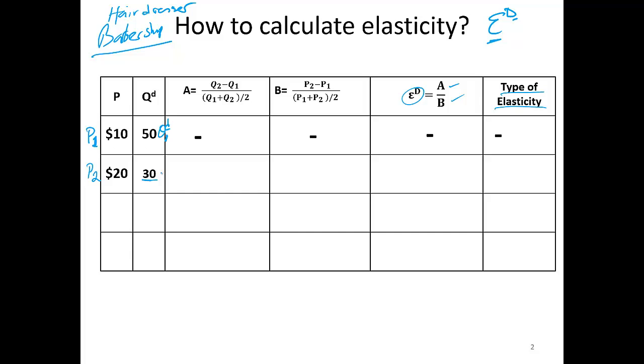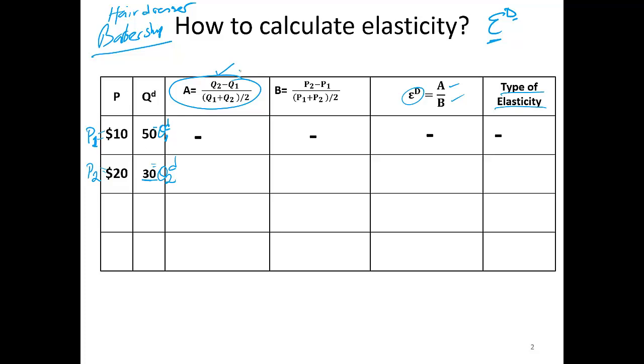So what we do here is, let's tag this Q2D. I always tag price and quantity demanded, initial with a 1, and a final with a 2, because it makes my life so much easier. Otherwise I can make mistakes. So let's calculate percentage change in quantity demanded.